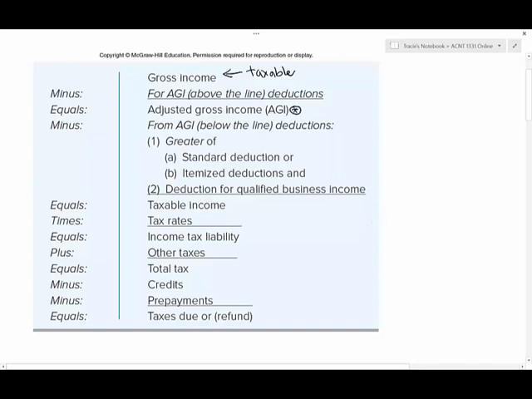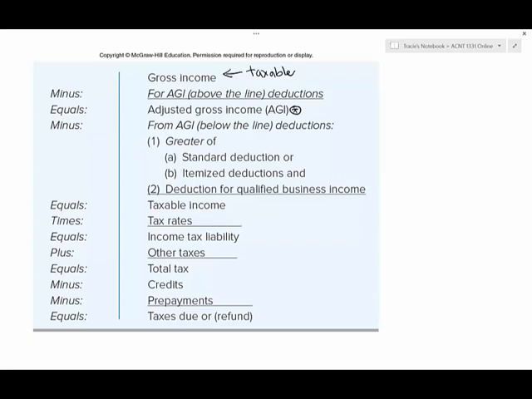Adjusted gross income is an important number, not just for tax purposes, but it's used for a variety of other things, such as student loan applications, applications for mortgages to get a residence, and a variety of different areas use your adjusted gross income.